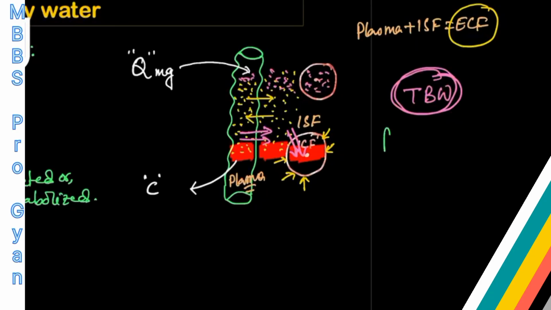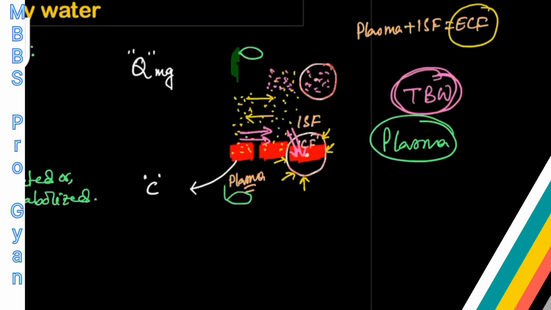Be careful. Now, suppose I want to measure only the plasma volume of a person. What type of substance should I choose? What will be the property? Only plasma volume means you have to choose a substance that will be distributed only inside this capillary. It will never go out of the capillary.